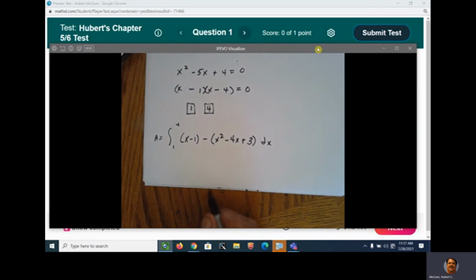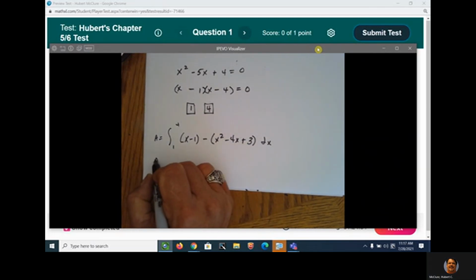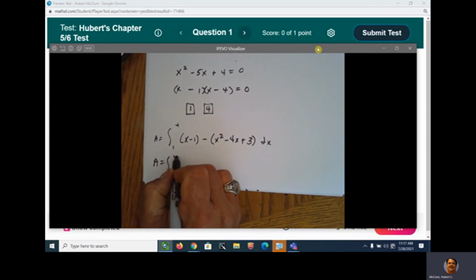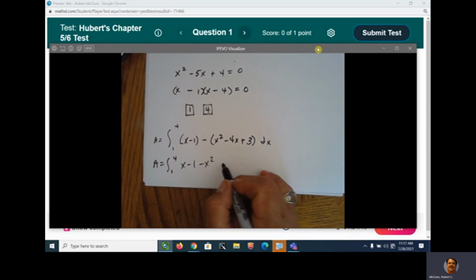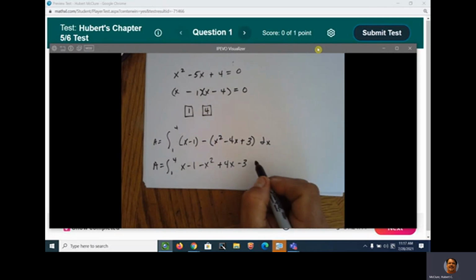And that's going to be your integrand. You can distribute: integral from 1 to 4 of x minus 1 minus x squared plus 4x minus 3 dx.